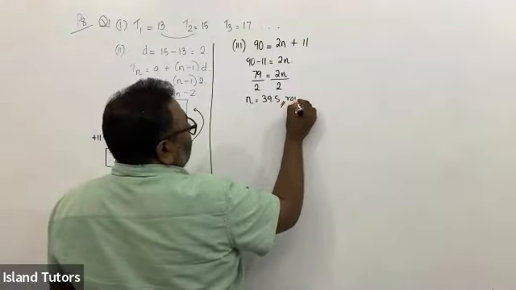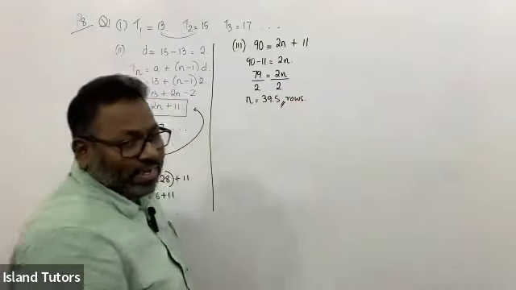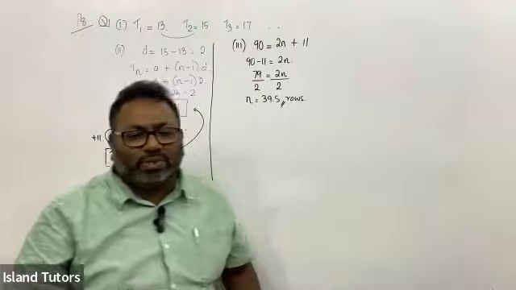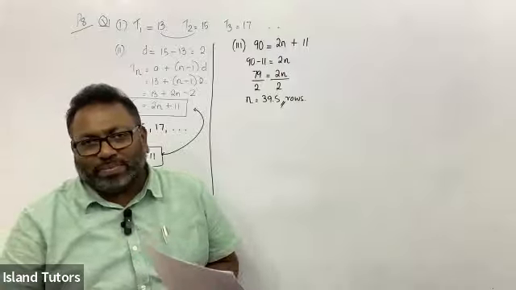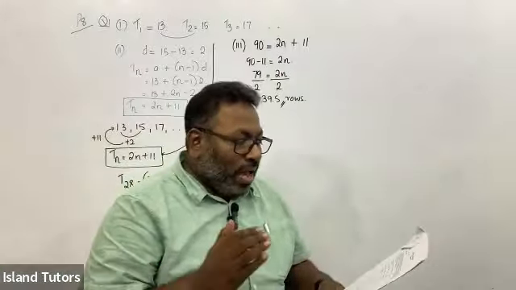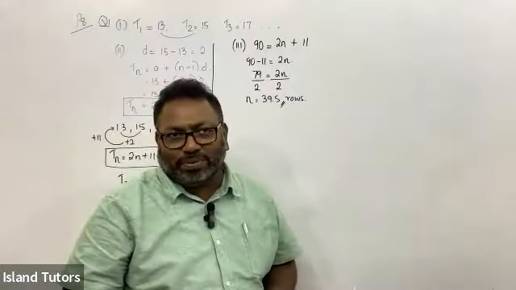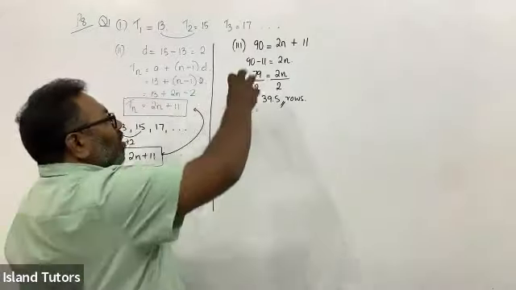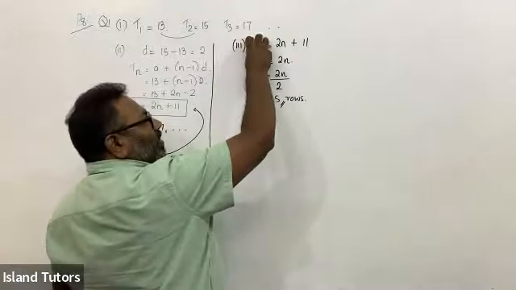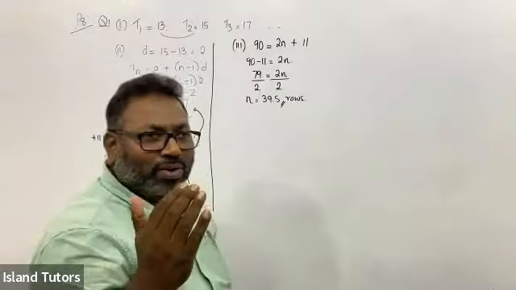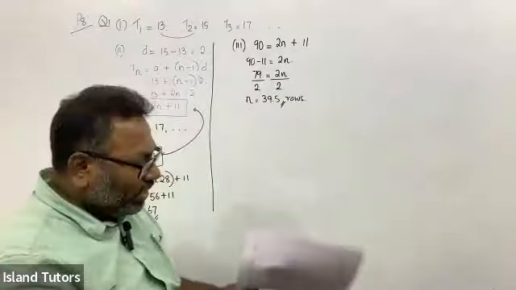39.5 rows. Now you can't have n as a decimal number. It has to be a whole number. That you have to remember. So that means what they're asking you, how many rows are there with less than 90 flowering shrubs? So if you have to have 90 flowering shrubs, you should have 39.5 rows. So then how many rows are there having less than 90 flowering shrubs?